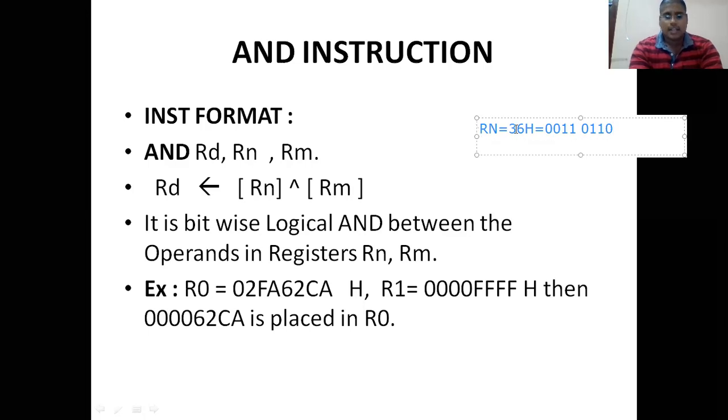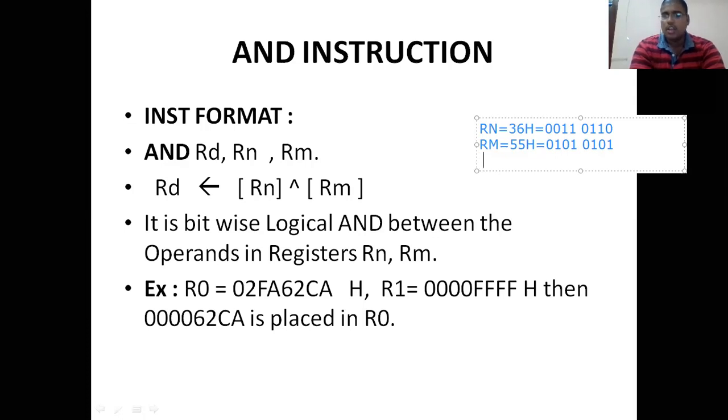Similarly, take another register Rm and assume its value as 45H. 45 can be written as 0100 0101. Actually, let's just make it 55, so 5 means 0101 and 5 means again 0101. Now we are going to perform the AND operation between Rn and Rm.